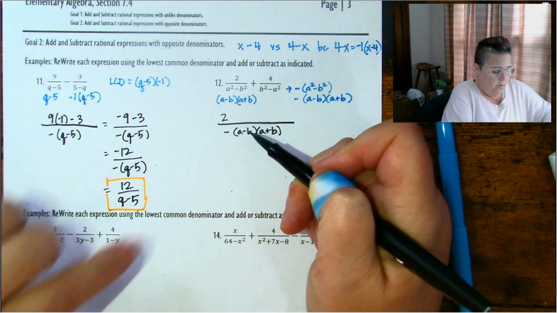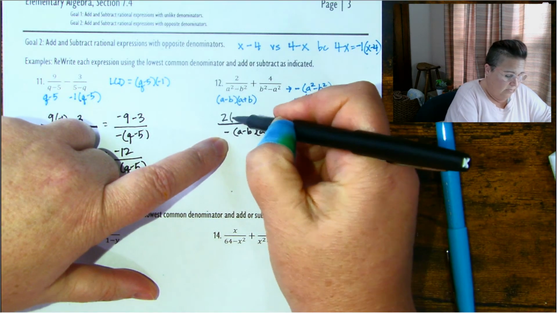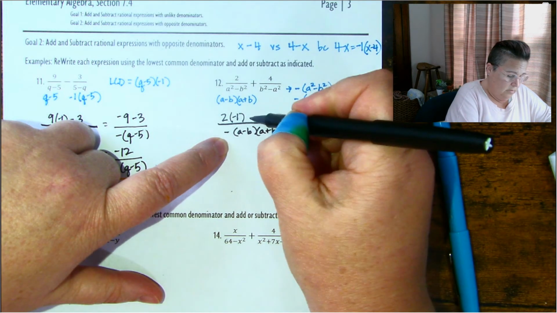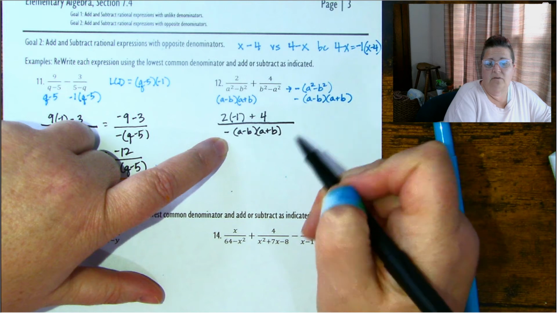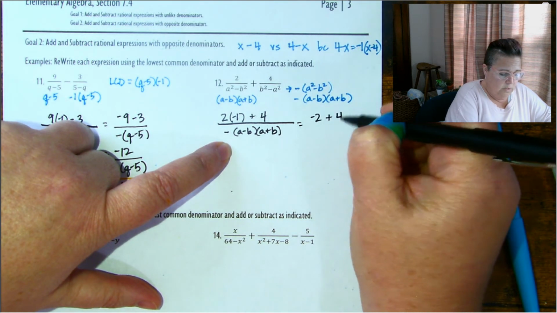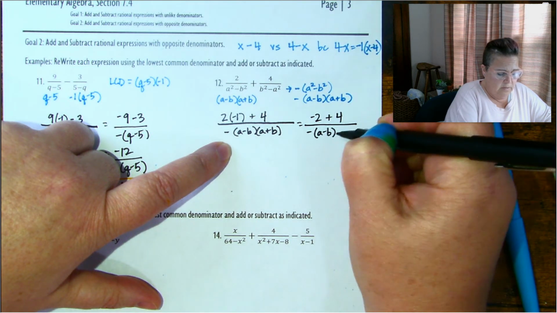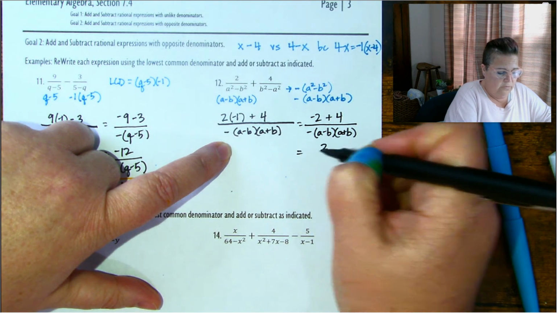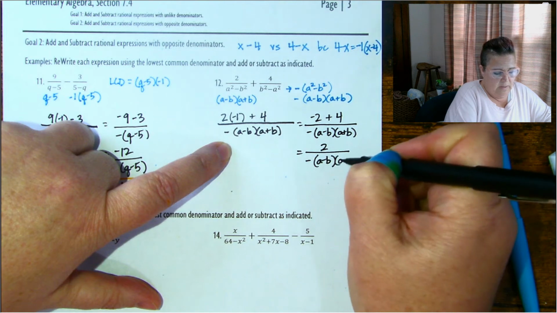It was already over the a minus b, a plus b. The only thing missing is the negative. So I'm going to multiply that by a negative 1, plus 4. It's over everything already, so that's fine. This would be a negative 2 plus 4 over a negative a minus b, a plus b. That's 2 over a negative a minus b, a plus b.